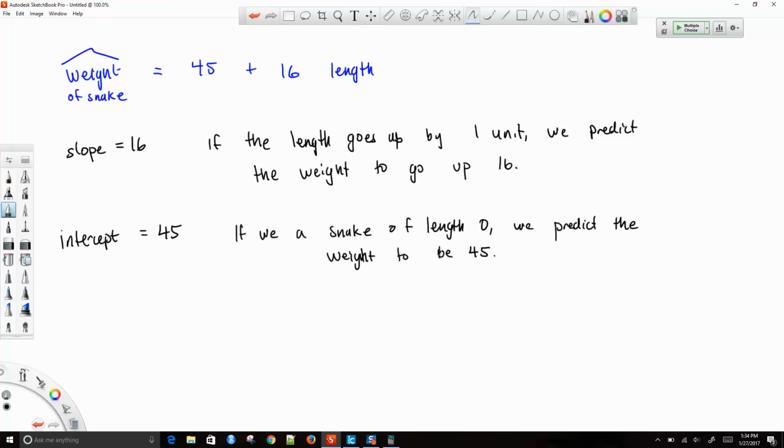So this is nonsense. You cannot have a snake of length 0. It's literally not a snake. So that's that.